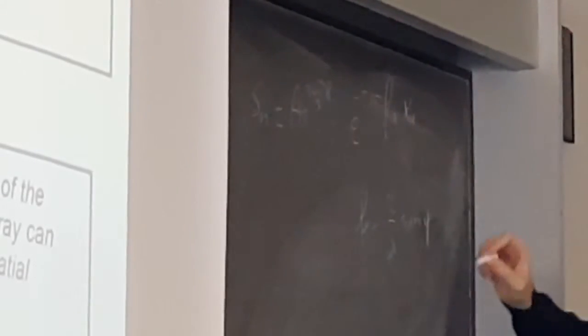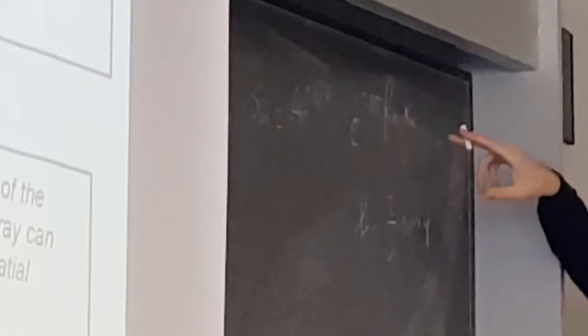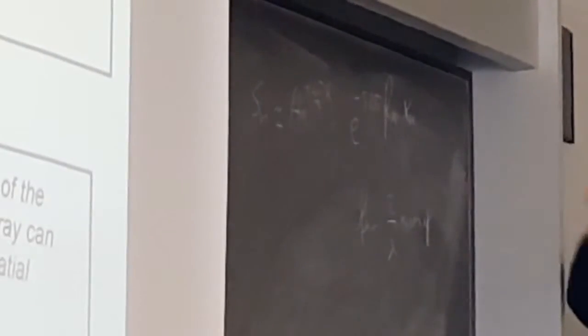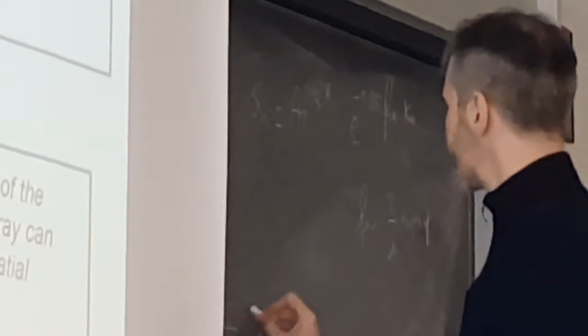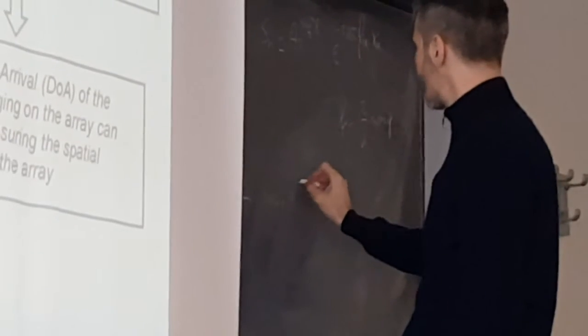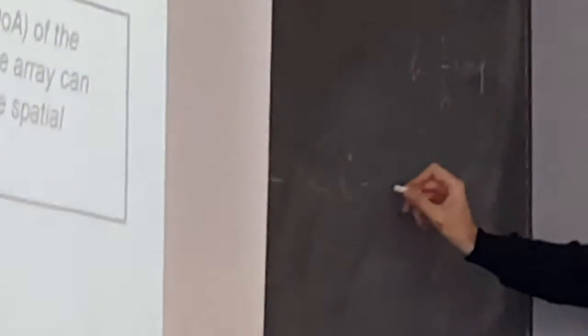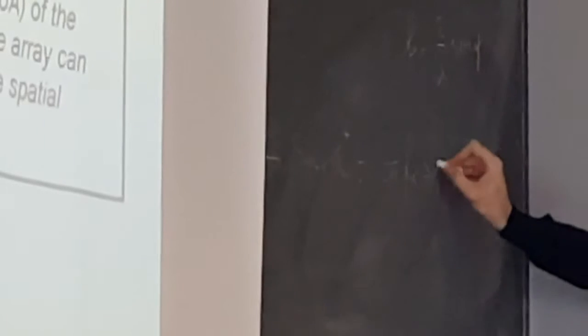Your colleague is suggesting to take a look at the phase variation between any two antenna pairs. This is okay. So if you take the phase of S n plus 1 times S n complex conjugate, this is equal to 2 pi times f of x times delta x. Delta x is the space in between the two.